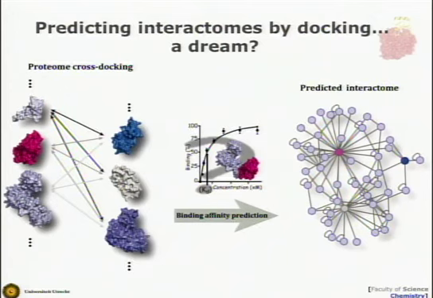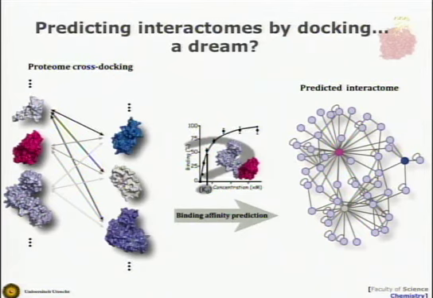We will first have to do the cross-docking of all possible components. This is going to be a large number of dockings. If you take yeast, there are about 6,000 proteins, so it's 6,000 times 6,000, divided by 2, but still a large number. So you will need very fast techniques here. In our hands, we will also need bioinformatic prediction if you want to do that on a large scale.